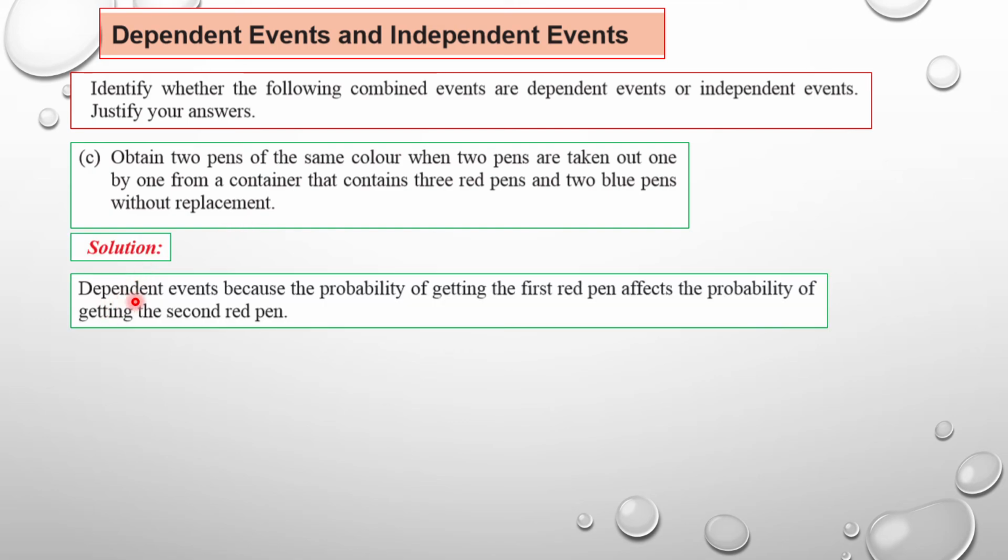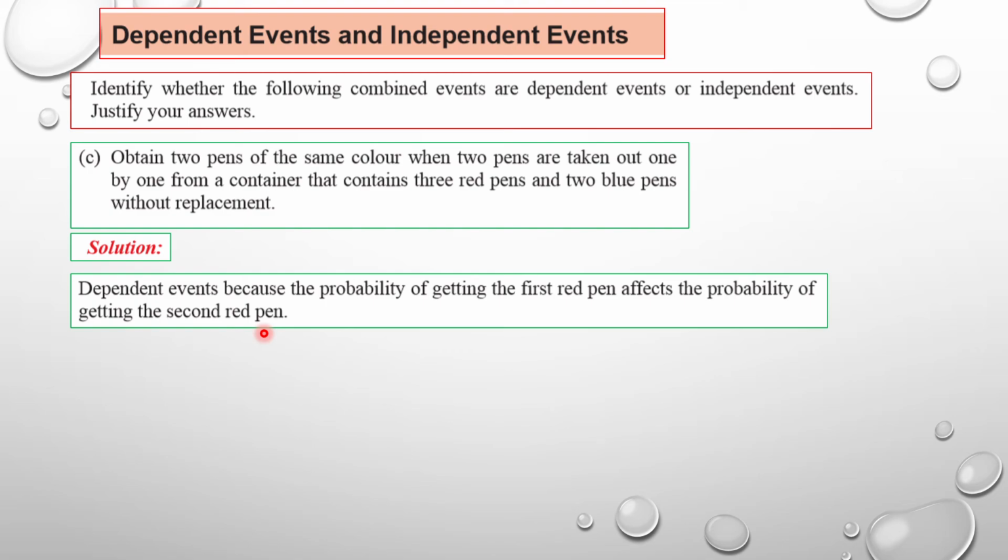So here dependent events because the probability of getting the first red pen affects the probability of getting the second red pen. As I said before, originally we have 3 red pens. If for the first time one red pen is taken out and is not replaced into the box again, therefore the number of red pens for the second time will be less 1.